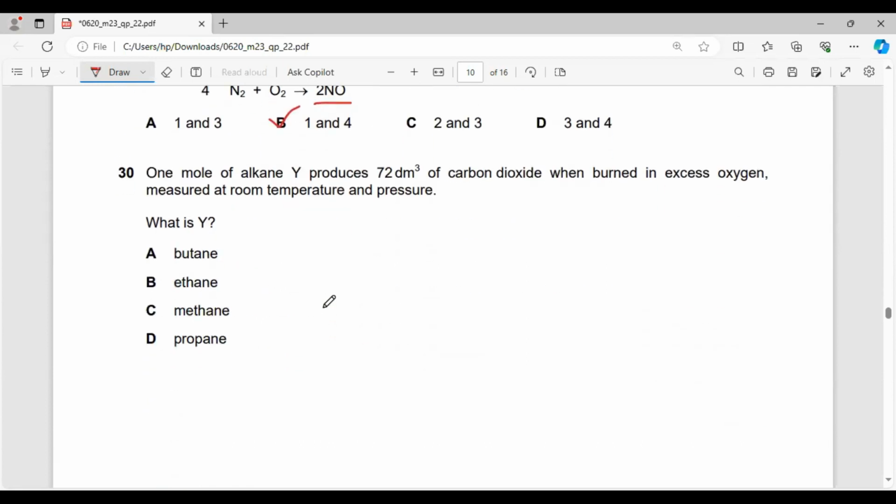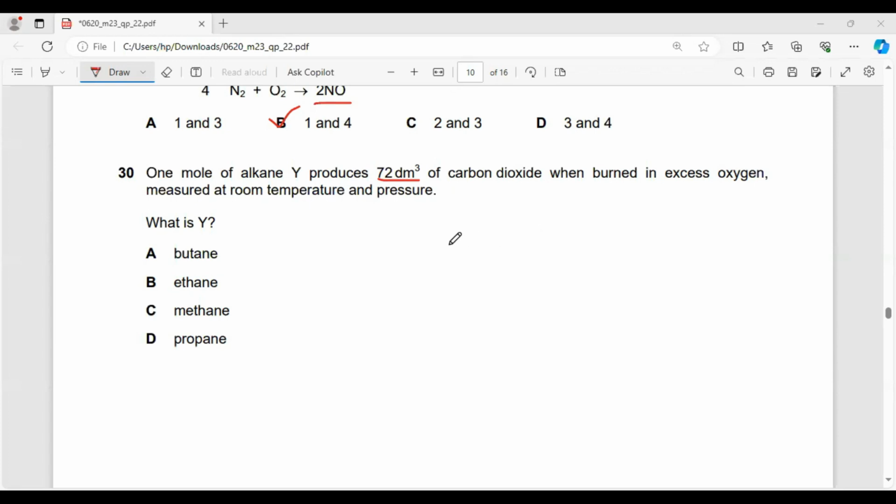1 mole of alkane Y produces 72 dm cube of carbon dioxide when burned in excess oxygen, measured at room temperature and pressure. Here the volume of gas is given, which is 72 dm cube.